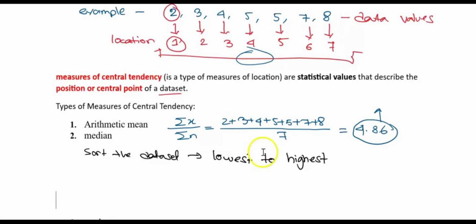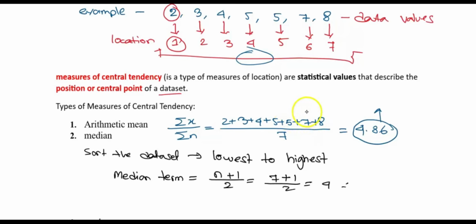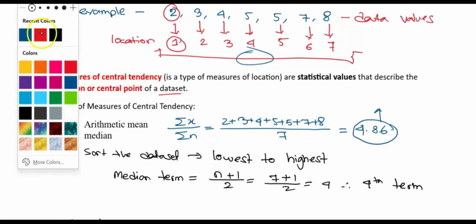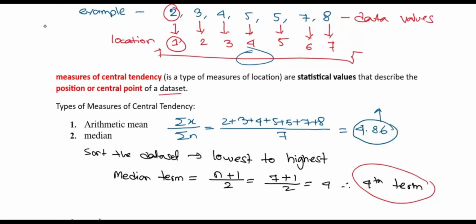Now we need to know the central location, right? How many terms do I have? 7. We find the median this way: the median term is equal to the n terms that we have plus 1, divided by 2. Here we had 7 terms. 7 plus 1 divided by 2 is 4. Therefore the fourth term. This is the location.